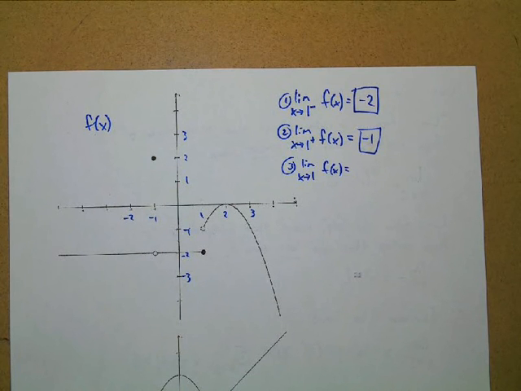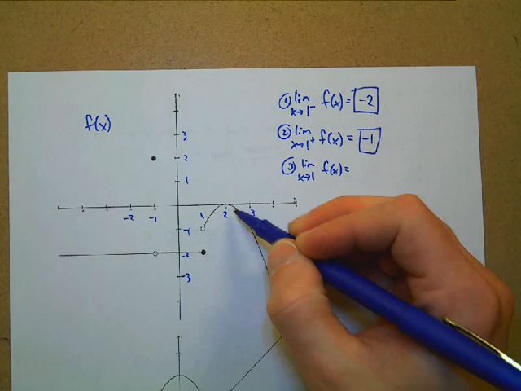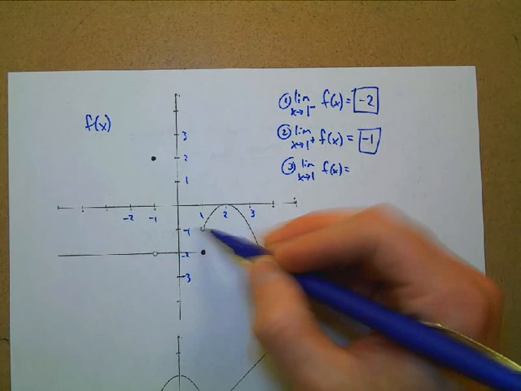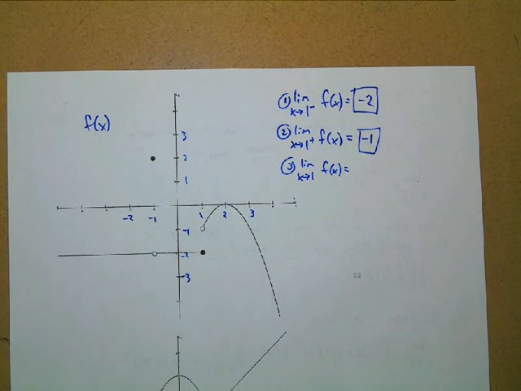As we approach 1 from the left, it was -2. So what would we say the overall limit would be then? So the left hand and the right hand are different values. So that means the limit overall, we should say what? Doesn't exist. Very good. Does not exist.